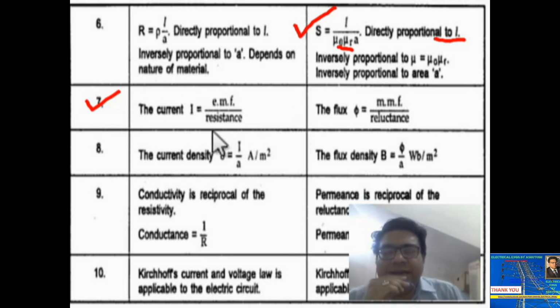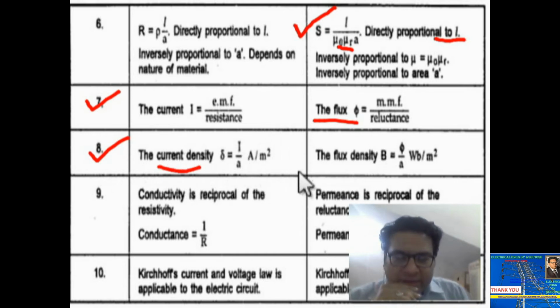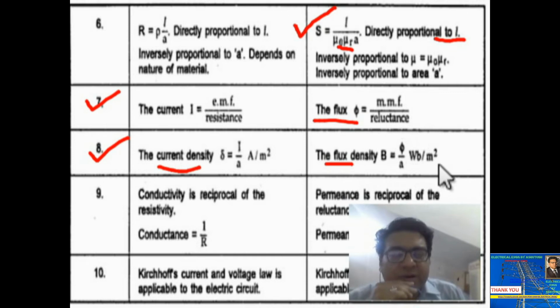And point 7: the formula for current, you write EMF upon resistance, E upon R or V upon R. But in a magnetic circuit, the formula for flux is MMF upon reluctance, F upon capital S. And current density will be there in an electric circuit. Current density is I upon A, in ampere per meter square, but flux density capital B will be there in a magnetic circuit, which is flux passing per unit area, flux upon A. The unit of flux density is Weber per meter square.